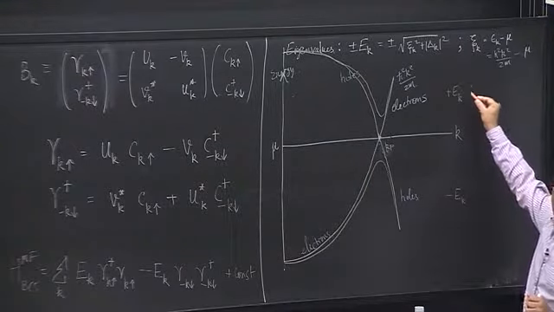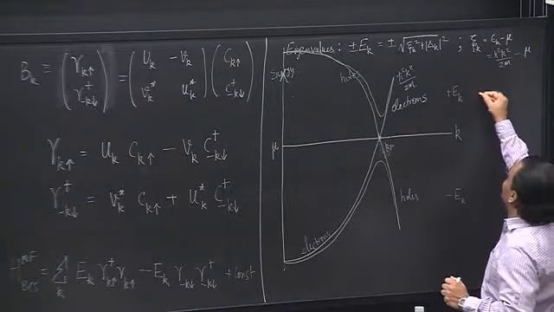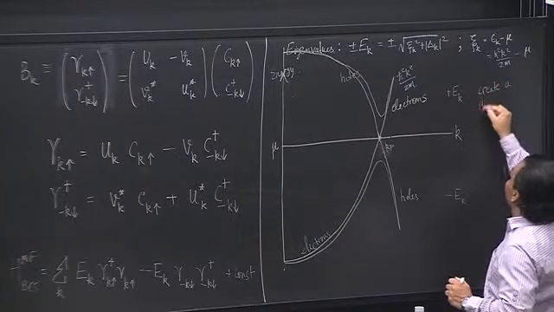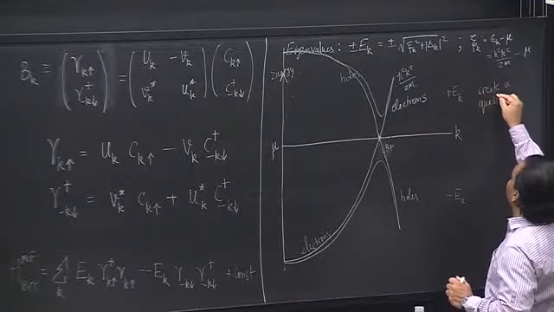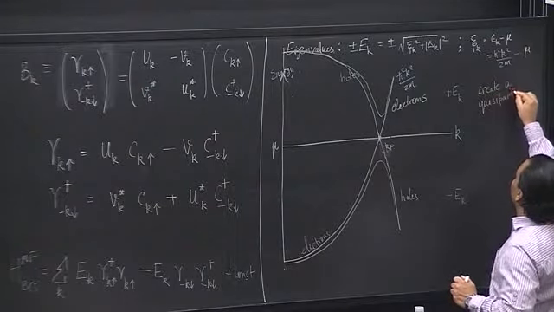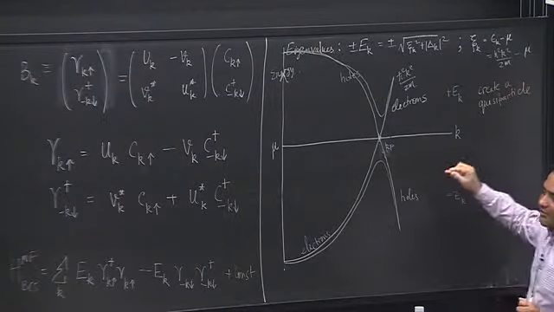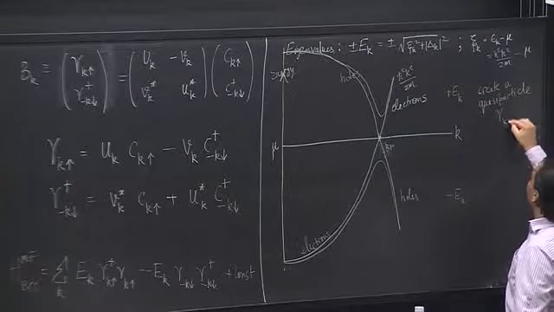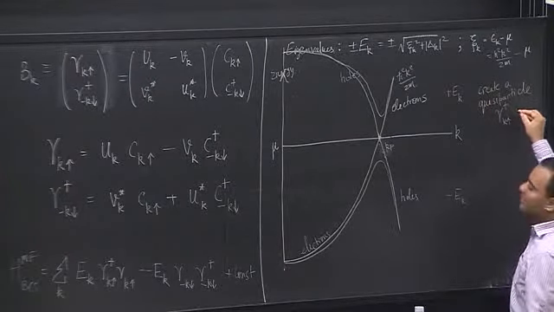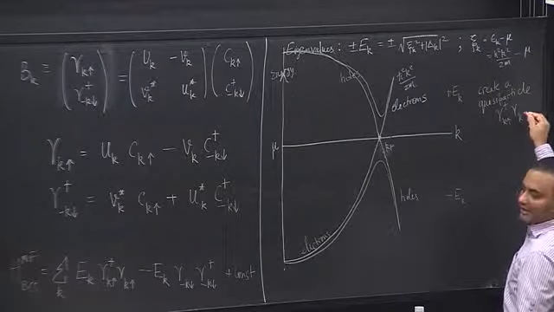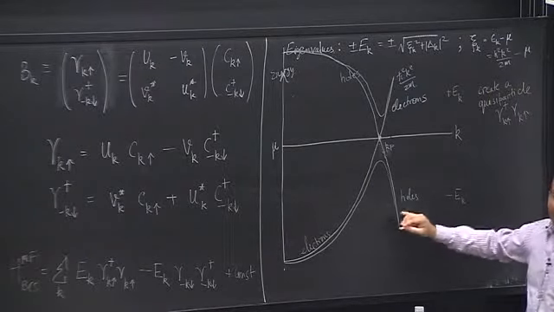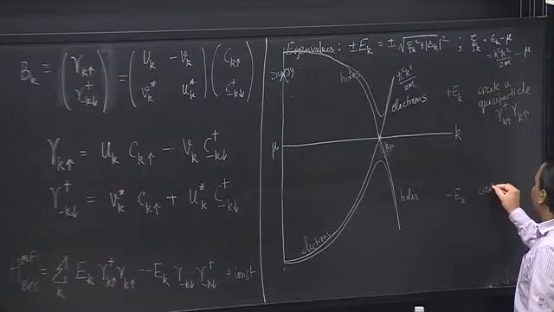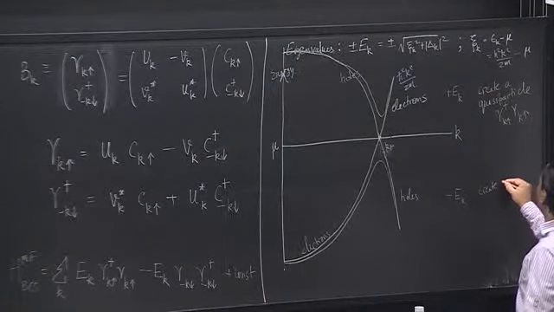So this plus Ek corresponds to creating a quasi-particle, which corresponds to the gamma k up dagger term, and this bottom branch represents creating a quasi-hole.